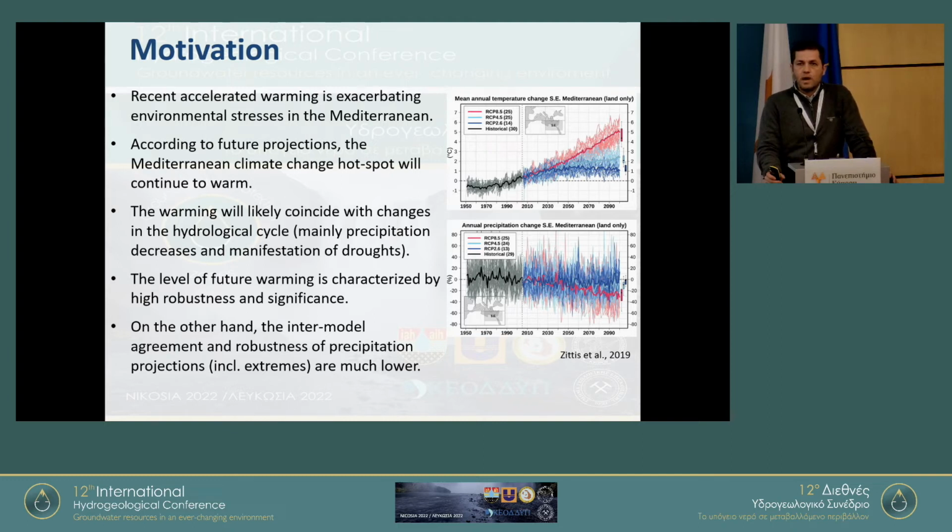While we know that temperature projections are characterized by high levels of intermodel agreement and significance, this is not the case for precipitation, where the intermodel spread is large and the robustness and significance levels are quite low. And this is particularly the case also for extreme events.